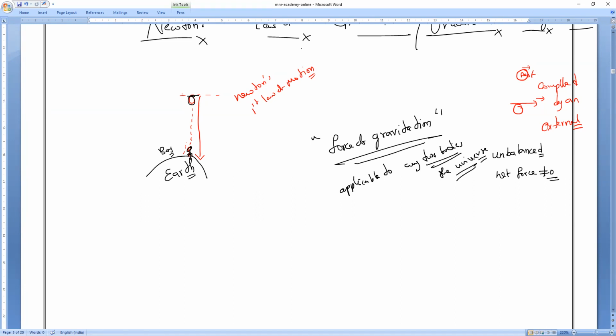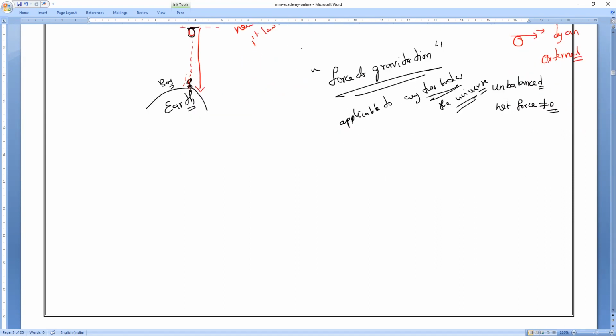So the gravitational force of attraction between any two bodies in the universe is directly proportional to the product of their masses. The force of attraction symbol is F. According to Newton's law of gravitation, the force of attraction between any two bodies is proportional to the product of their masses.